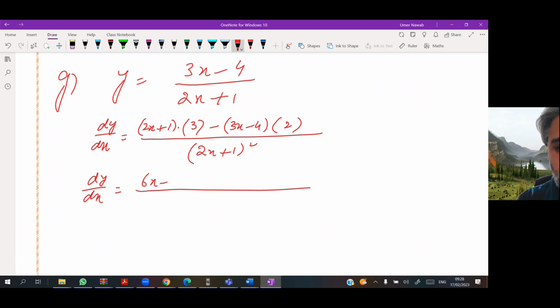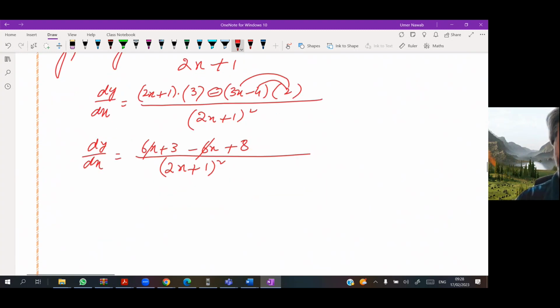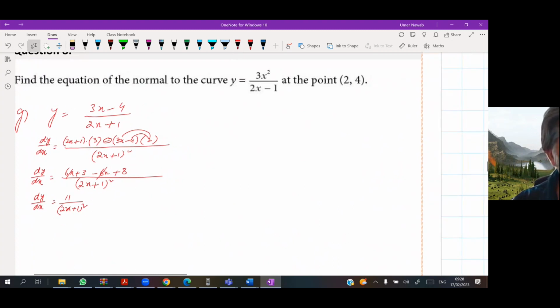Open the brackets. And please make sure that the minus sign is outside. G part is done. Now we go to the h part.